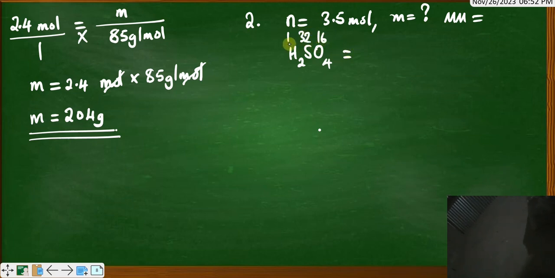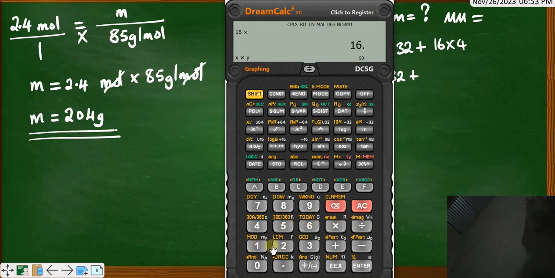So say 1 times 2, so it will be like 1 times 2 plus 32 plus this one will be 16 times 4. Okay, then we'll say equals 1 times 2, 2, plus 32 plus 16 times 4, we'll get 64.